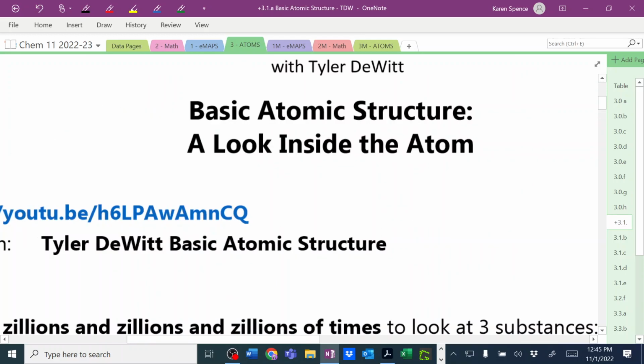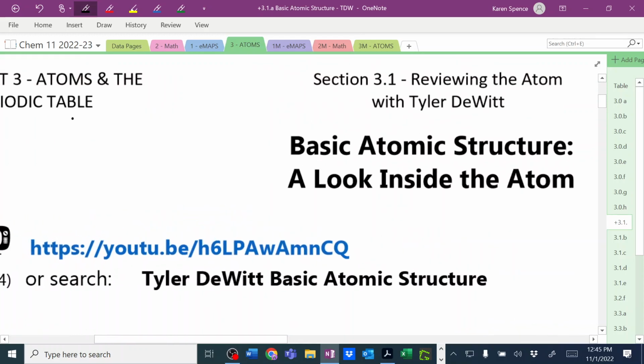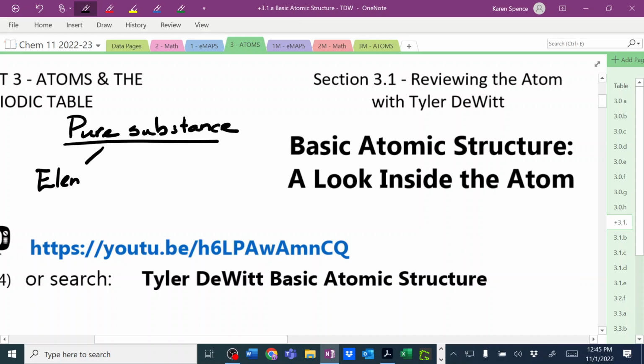Elements and the other things. Pure substances, see how we're reviewing here? Can be elements or compounds. Okay, so pure substances, elements, or compounds.